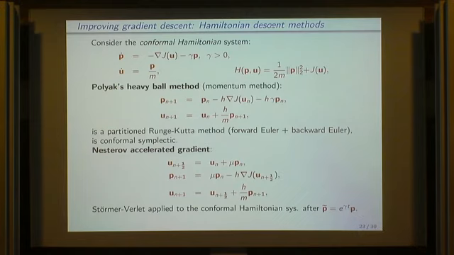Okay? So first change variables in your system, get a new system with p tilde as a variable and u, because you don't do anything to u, and then you apply a Störmer-Verlet on the obtained system, and out comes this Nesterov accelerated gradient method. So this one is conformal symplectic, this one is not conformal symplectic.